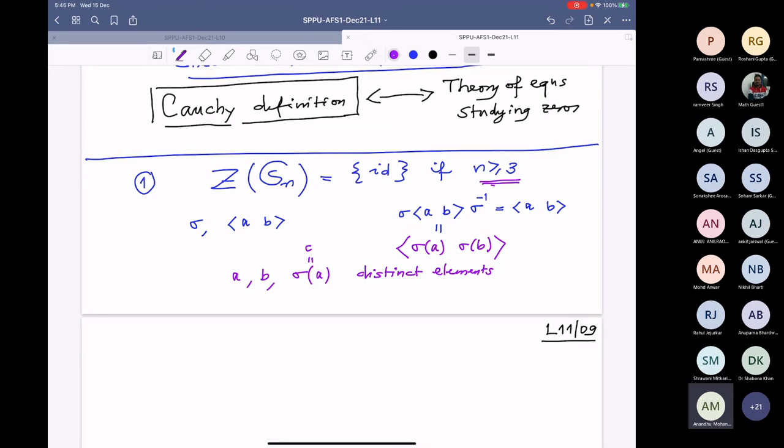A goes to C, and then for the remaining elements you do whatever you want. It doesn't matter. B also you define so that it is different. This is arbitrary and this is actually defined. A is definitely not B and not sigma A.